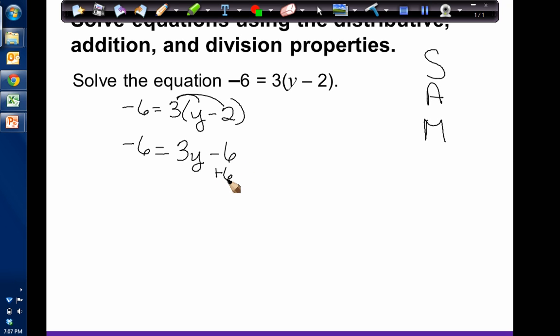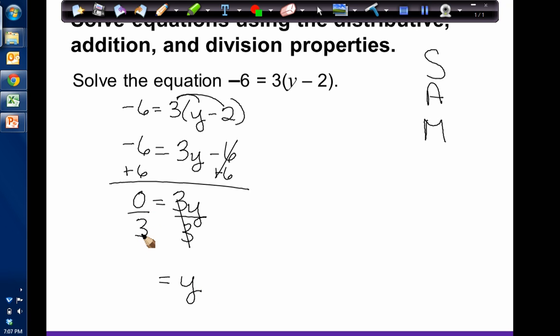So we'll add 6 to both sides to get rid of this 6. We have negative 6 plus 6 is 0 equals 3y. Finally, we'll do the multiply divide step. We divide by 3, so the y's will cancel, but we have to divide by 3 on the other side. So we have plain y on this side, but what about this side? What is 0 divided by 3? It's just 0. So y is 0.